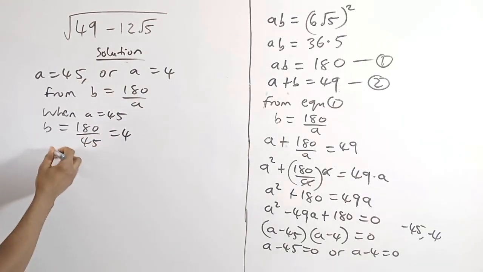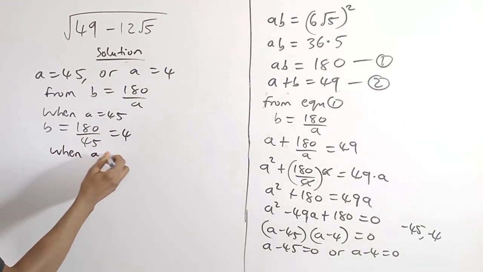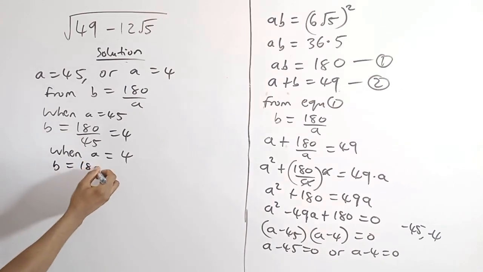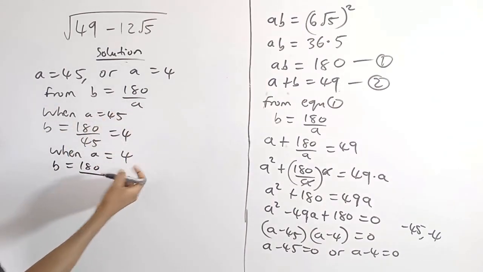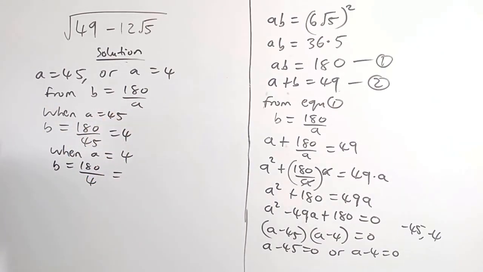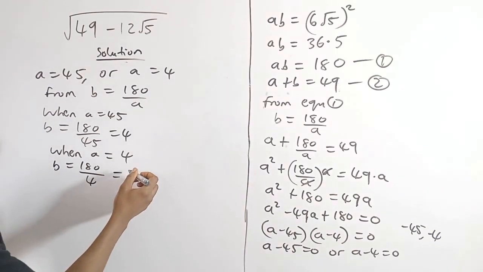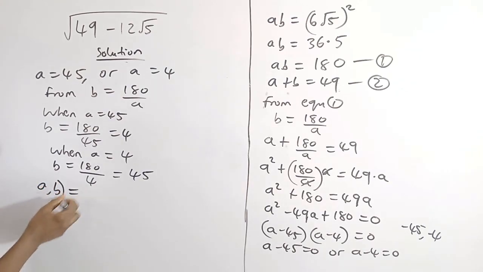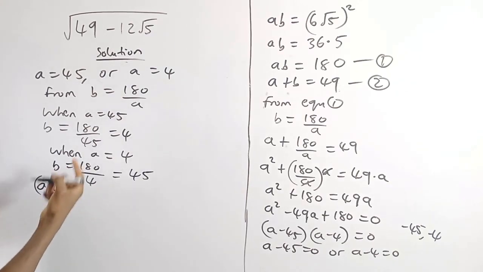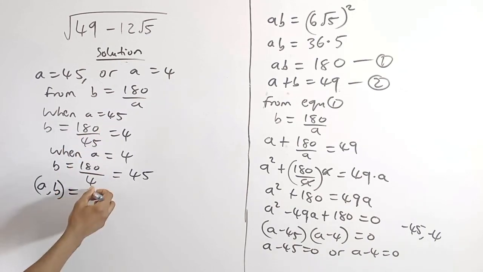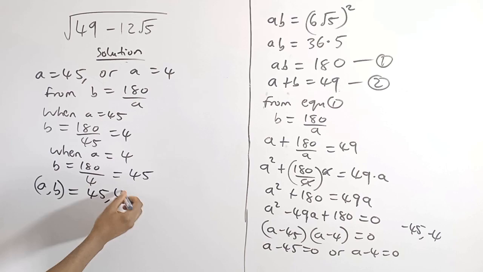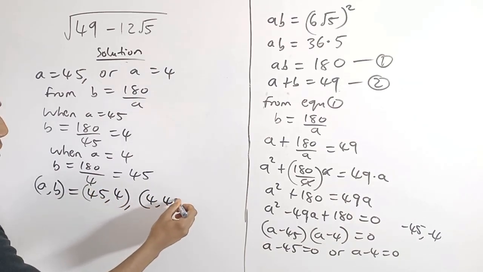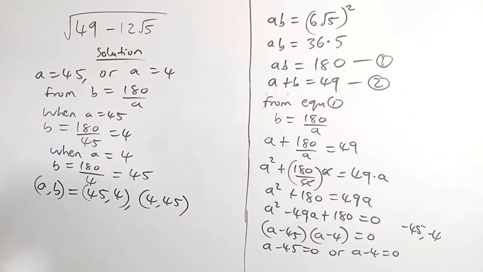So B is 4. And then when A is 4, what is B? B is equal to 180 over, remember A is 4. If you divide this, what are you going to get? You're going to get 45. So we have that A, B is equal to what? When A is 45, B is 4. And when A is 4, B is 45. So it can be used interchangeably.